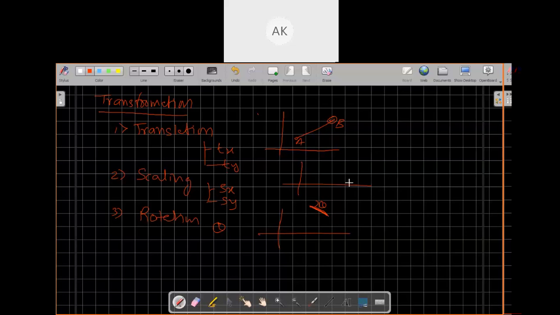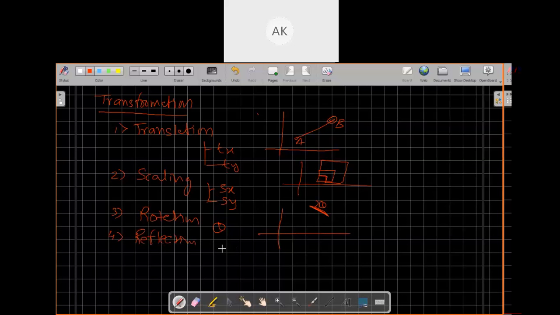The third transformation is rotation. It means we are rotating our object by a certain angle, theta. Just consider the object to be a line. Now we want to rotate this line by a certain angle.